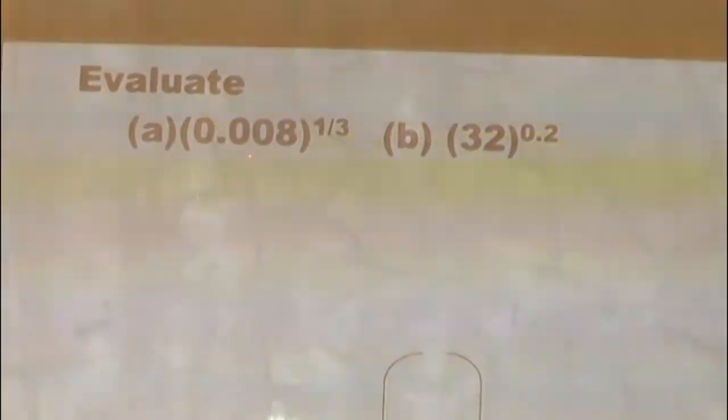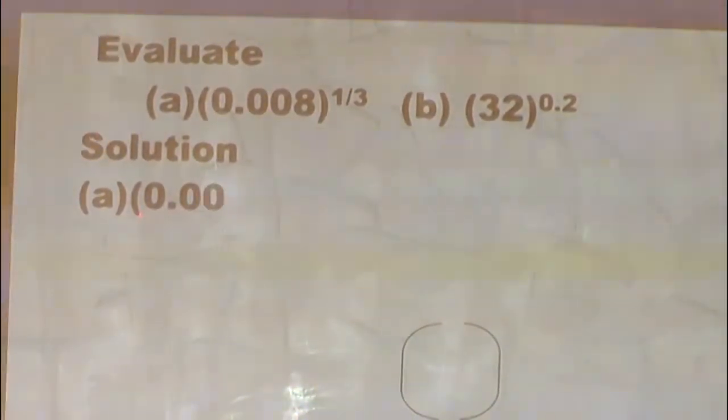Whenever you are given this kind of value, you are going to express them in fraction before you can solve for that. Without converting this one to fraction, there will be no simplification of this expression. So we are going to solve the first question.